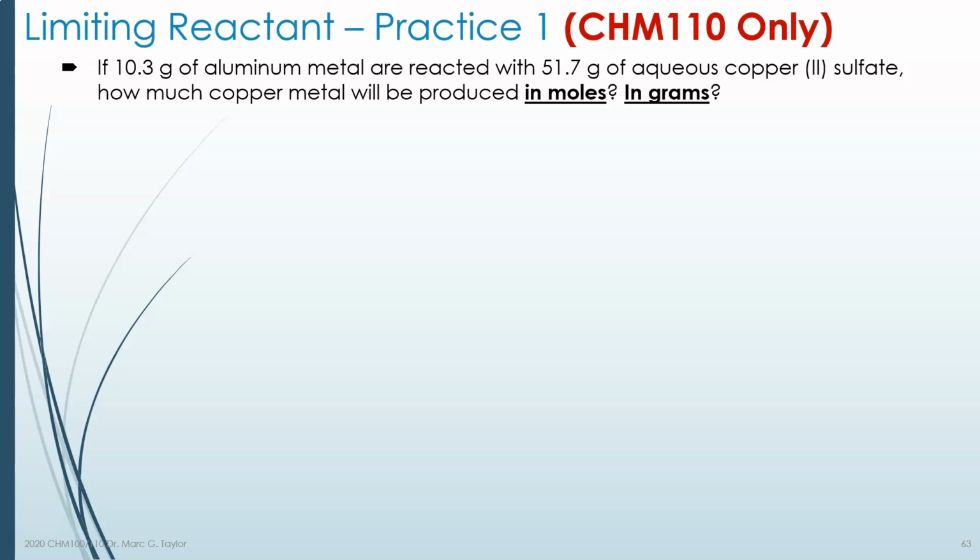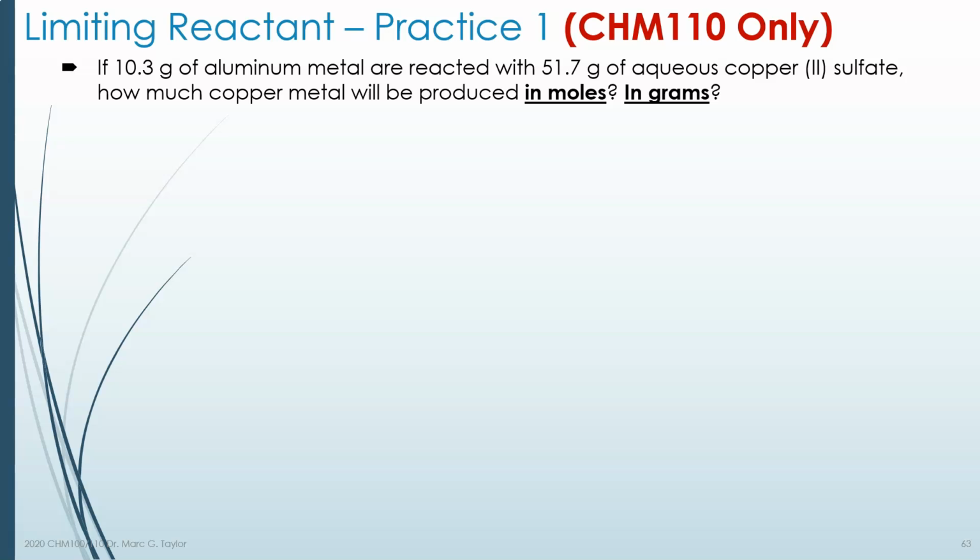Here's a practice problem. 10.3 grams of aluminum metal are reacted with 51.7 grams of aqueous copper 2 sulfate. All right, we did something like this before with copper 2 sulfate. It was with iron before. Now we're reacting aluminum, and we're asking how much copper metal will be produced in moles, and then how much will be produced in grams.